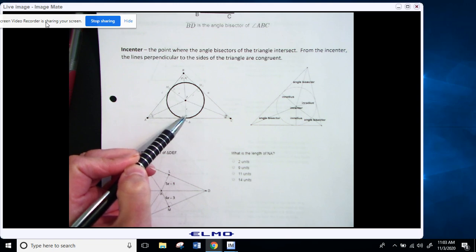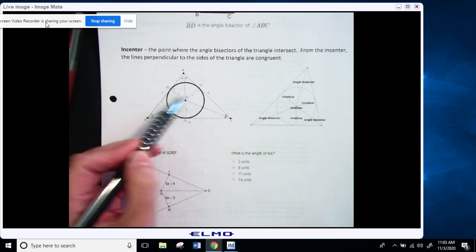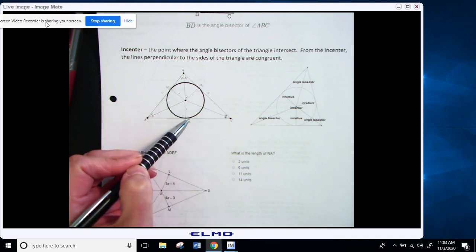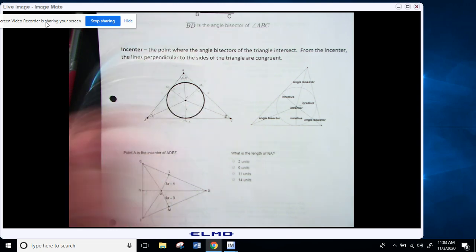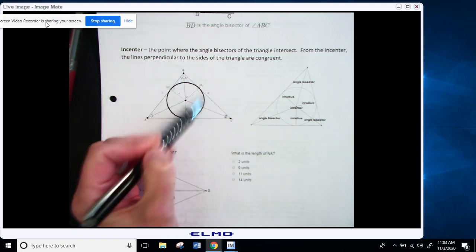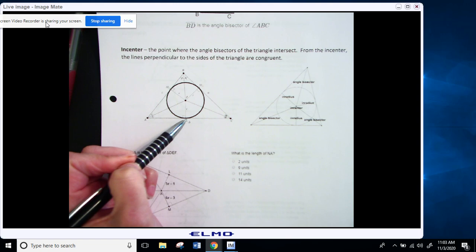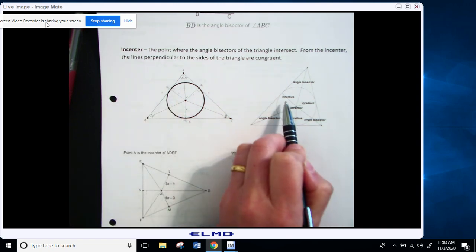So once again, from the incenter, the lines that are perpendicular back to the sides of the triangle are congruent because they become a radius of that circle that's inside, not the outside circle through the triangle points, but inside the circle that touches all three sides of the triangle. And those are called the inradius.